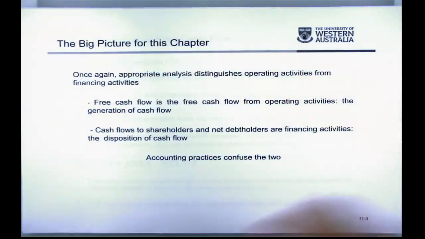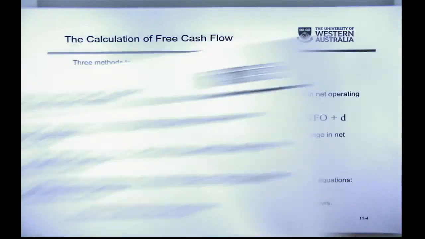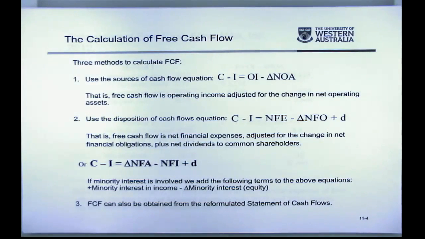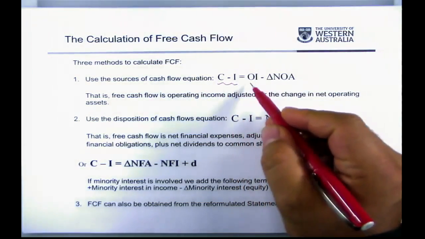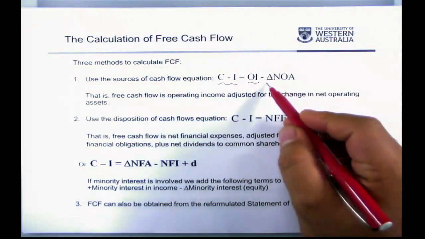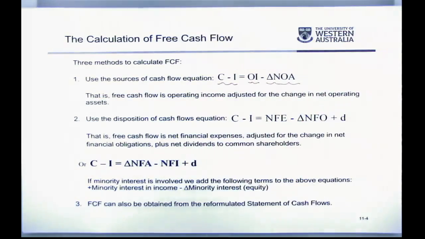Remember that the key idea is to isolate operating activities from financing activities. First, let us introduce some important relations or equations. Remember that the free cash flow can be calculated as the difference between operating income and the change in net operating assets.